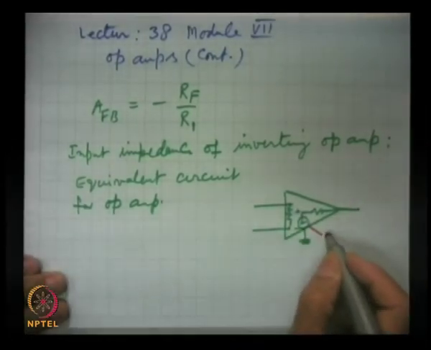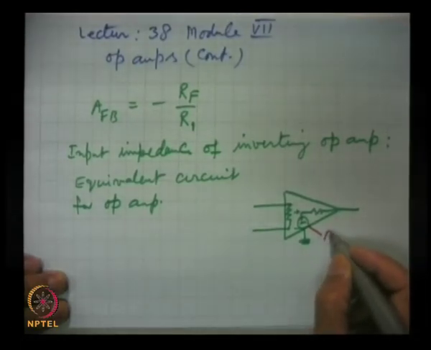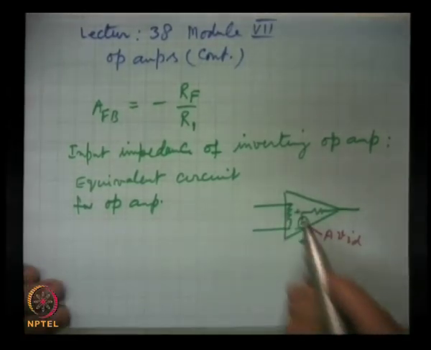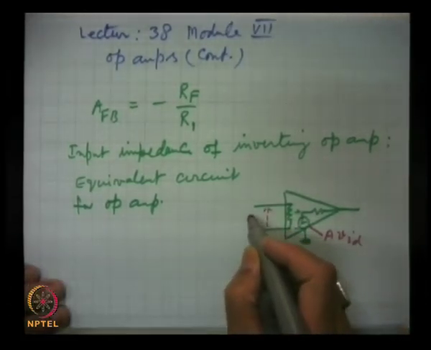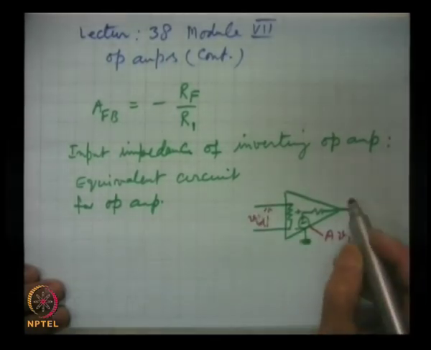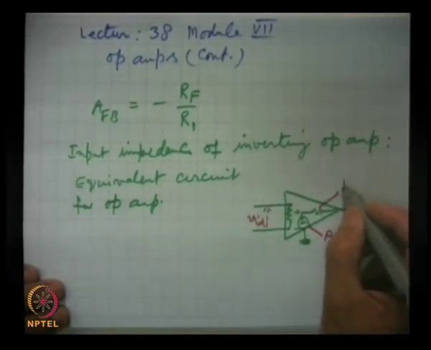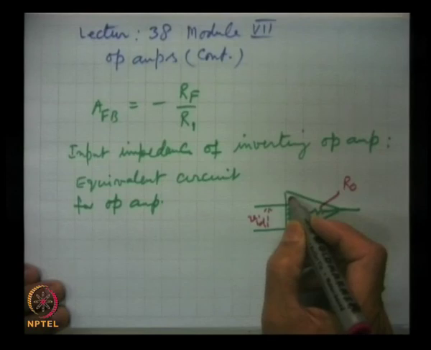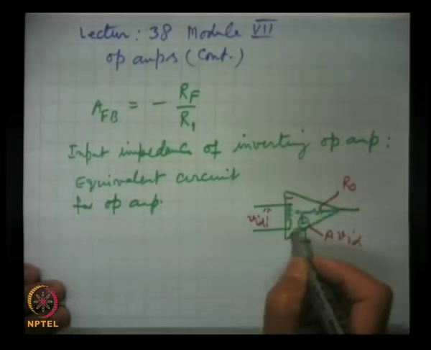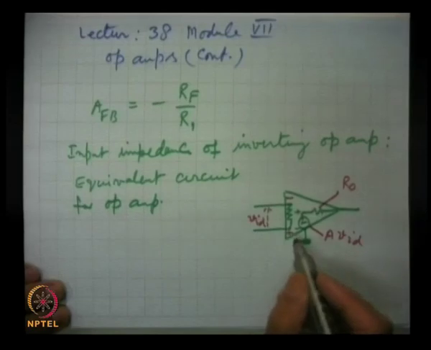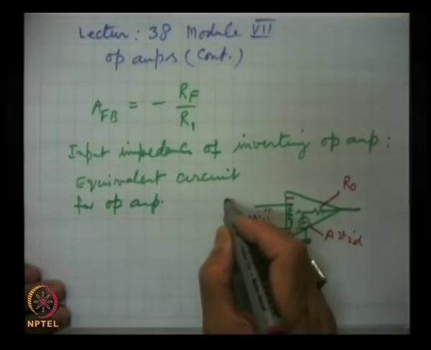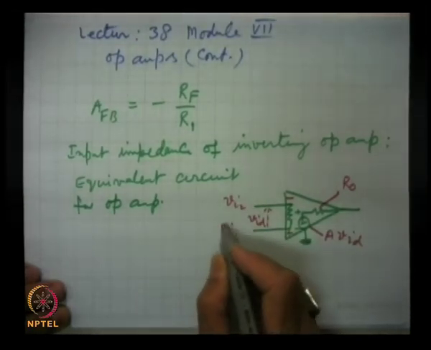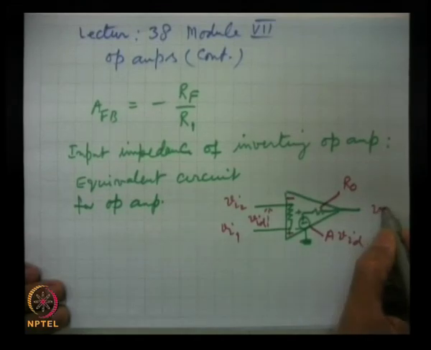This is the voltage source, where this is VID, and this resistance is RO, the output resistance, and this is the inverting input and this is the non-inverting input, and here we give the signal Vi2, Vi1, and we take V out here.